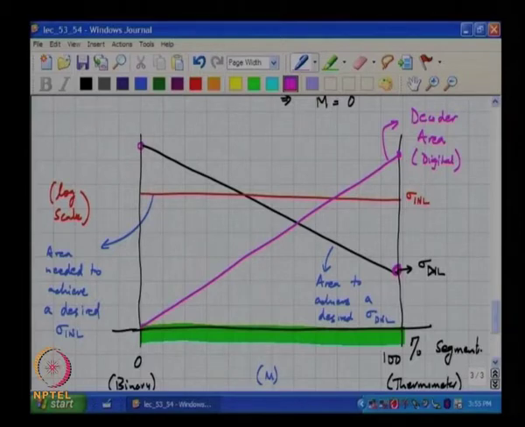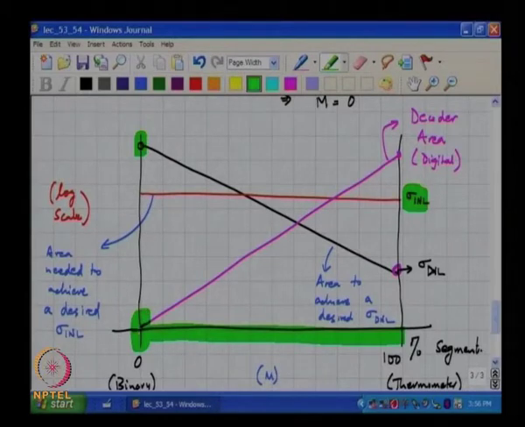So, if this was the sigma INL spec, and if we did a completely binary coded design, we see that the amount of area required will be huge, because the analog area occupied by all the cells will be very, very large.